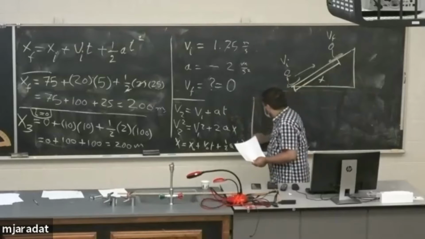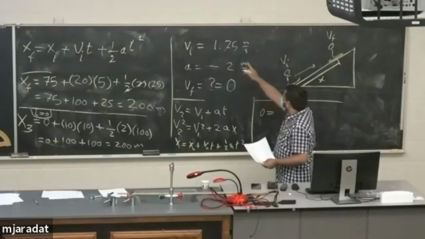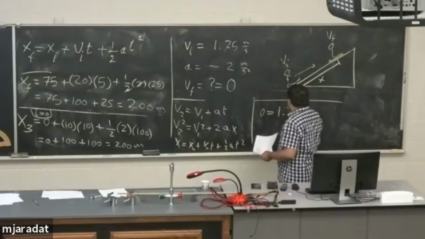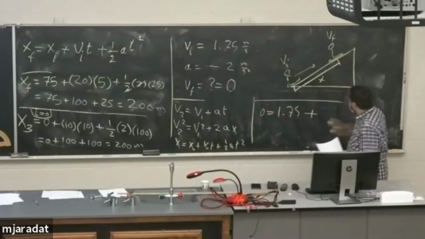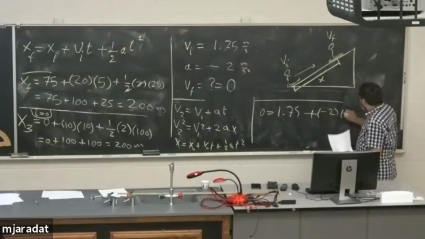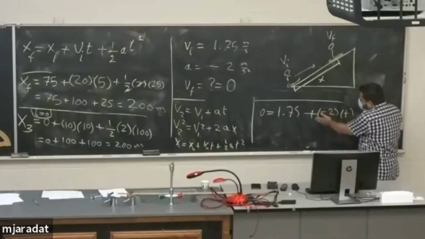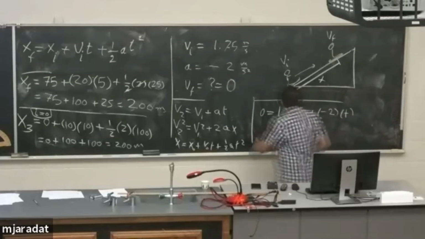Yes, it is direct. I can apply V2, which is 0, is equal to V1, 1.75, plus the acceleration -2, use parentheses, multiplied by the time. I can move one of these terms to the other side.